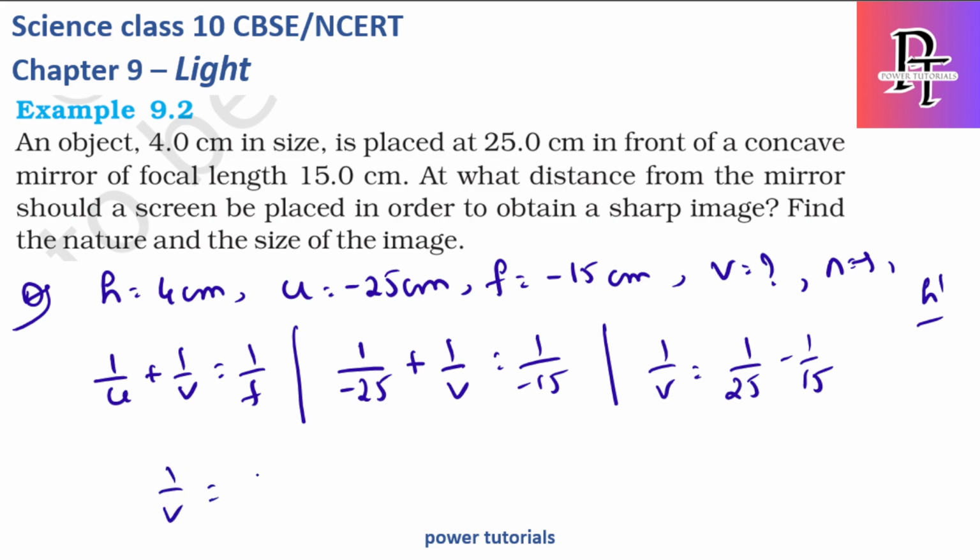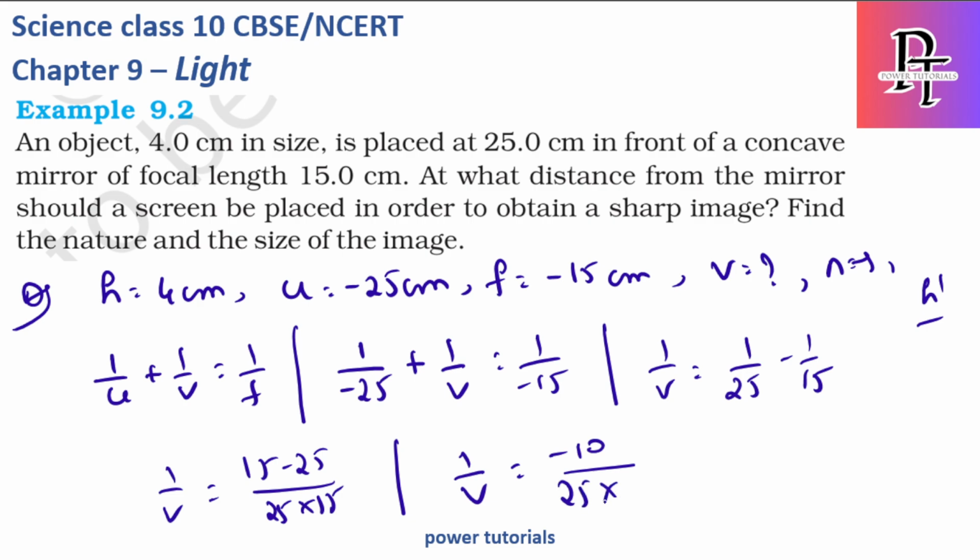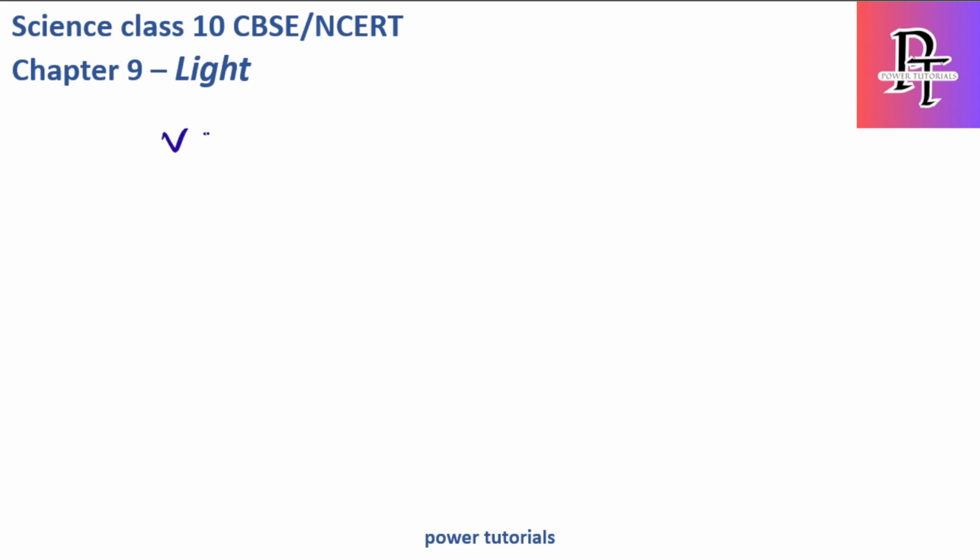So 1 by v is equal to 15 minus 25 by 25 into 15. 1 by v will become minus 10 by 25 into 15. 5 2s, 5 5s. So 1 by v will become minus 2 by 75, since 15 5s are 75. So now I got the v value as minus 75 by 2, which is minus 37.5 centimeters.